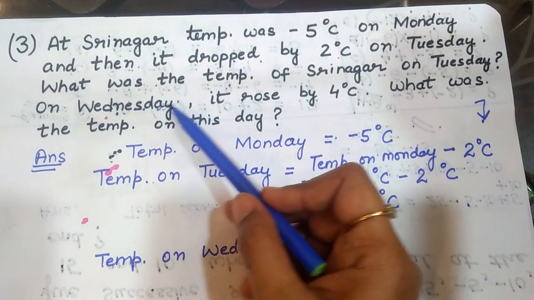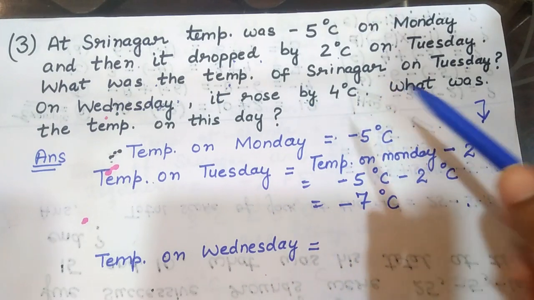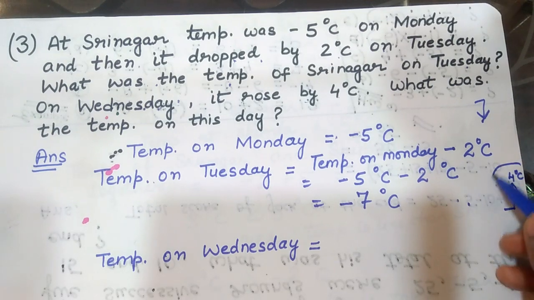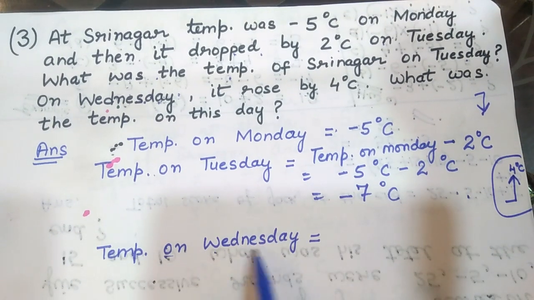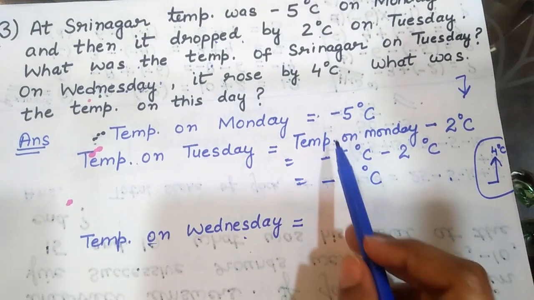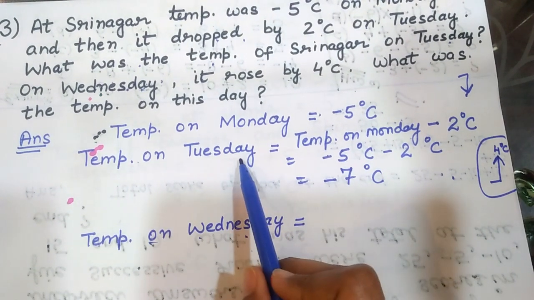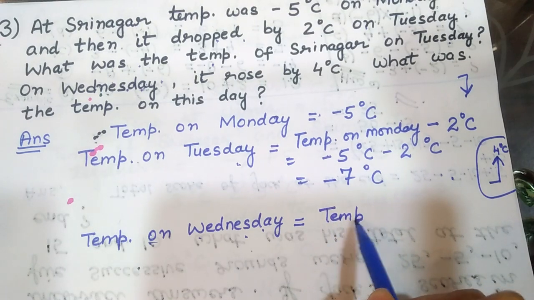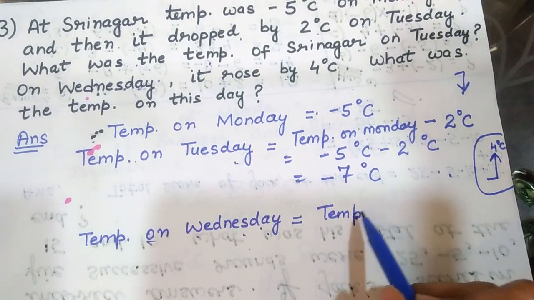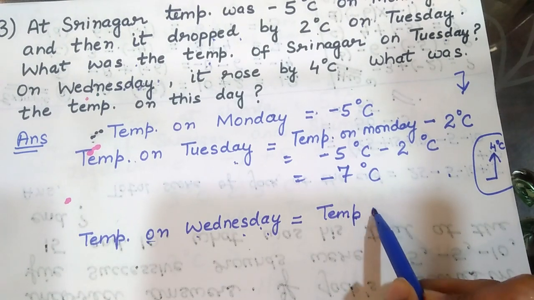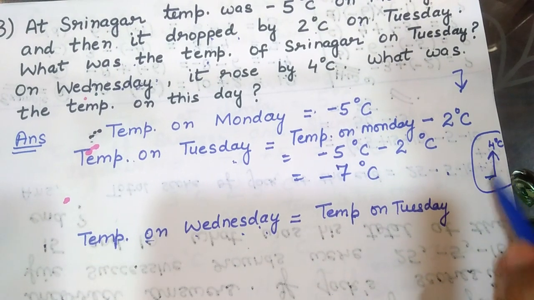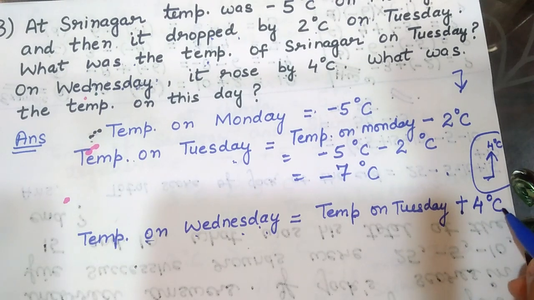Then they are asking, on Wednesday it rose by 4 degrees Celsius. Rose means rise. So on Wednesday it rose by 4 degrees, on top of whatever the temperature was on Tuesday. So the temperature on Wednesday is the temperature on Tuesday plus 4 degrees Celsius.